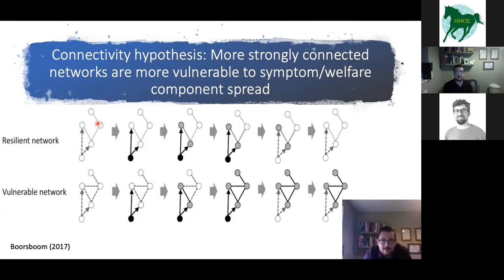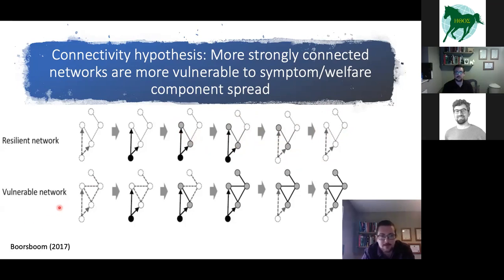Now, in the more weakly connected network, which is a bit more resilient, if a stressor appears, it might activate a couple of nodes, a couple of compromises on welfare measures. But because the connections are weak, it doesn't propagate through the whole system. And when that stressor is removed, the system returns to its rested state of deactivation.